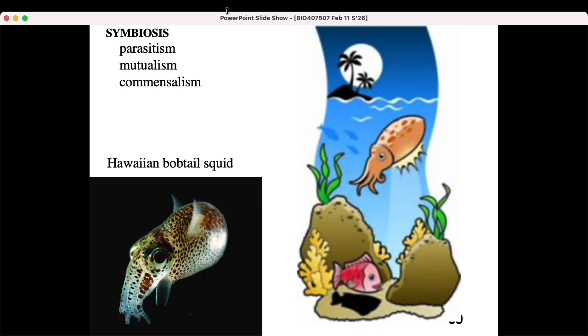That's shown in this drawing too: the pocket is referred to as a light organ, and it glows. The best interpretation is that the glow makes it harder for predators below to spot the bobtailed squid.